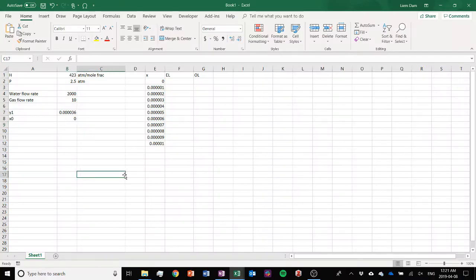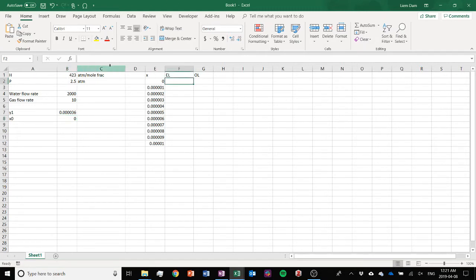Okay, so I've taken the liberty of setting up an Excel sheet with the values that we've known or previously calculated. So you can see here that we have Henry's law that was taken from the textbook, and we have the column pressure. And we also have the flow rates as well as y1 and x0, which we know from the problem statement and from calculating it in part A. So let's start by drawing our equilibrium line.